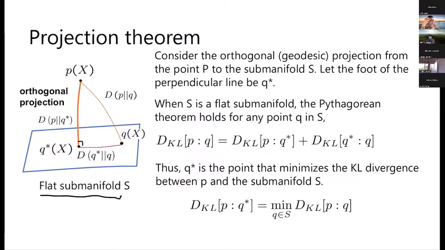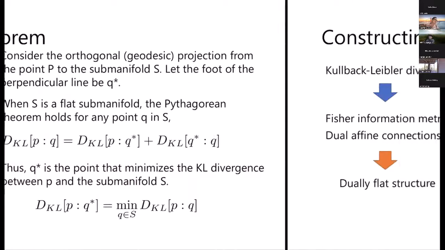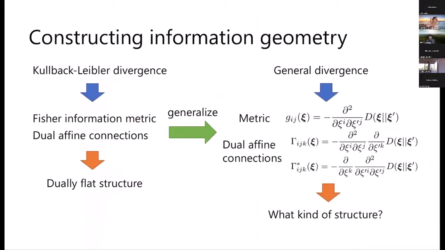Okay. So this is a very useful property of the dually flat structure. To summarize this part, we construct information geometry starting from the Kullback-Leibler divergence, and the Kullback-Leibler divergence gives us the Fisher information metric and also dual affine connections, and these connections give us a dually flat structure. And we know that the probability space is simply a flat manifold.